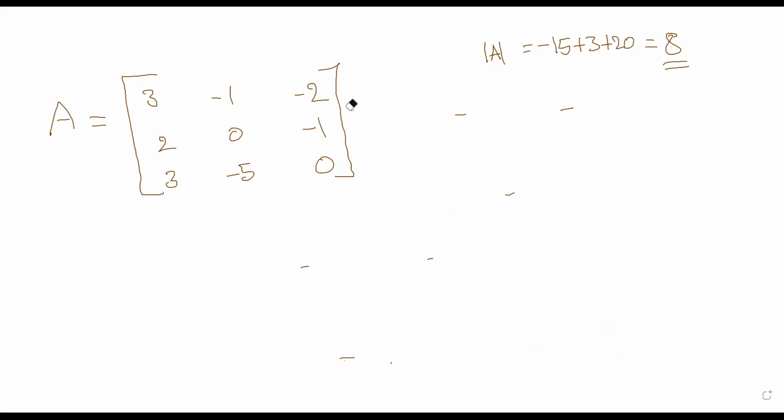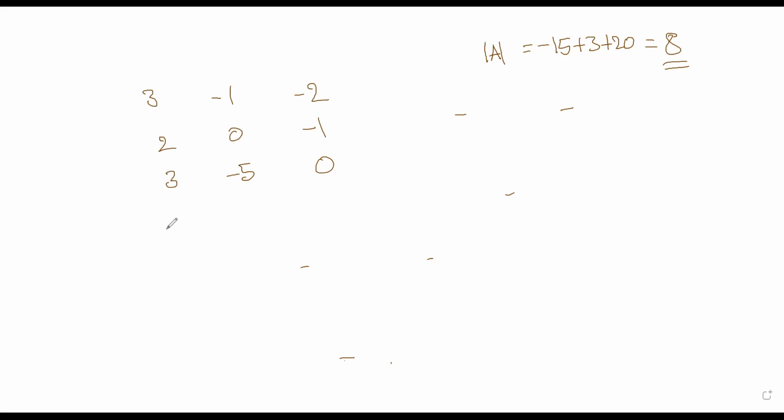Now, you have this matrix A. This A part also we will remove. Now, this matrix is there: 3 minus 1 minus 2, 2 0 minus 1, 3 minus 5 0.